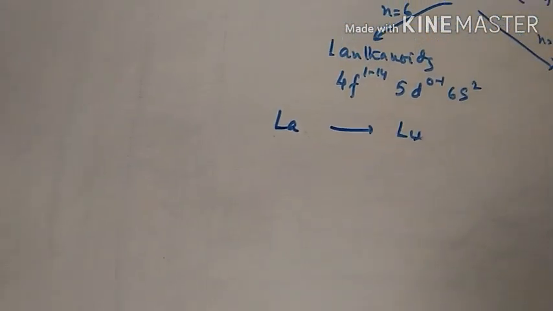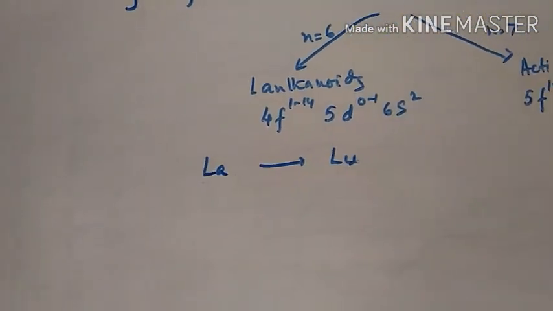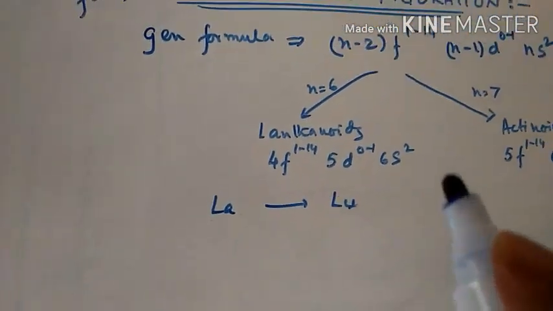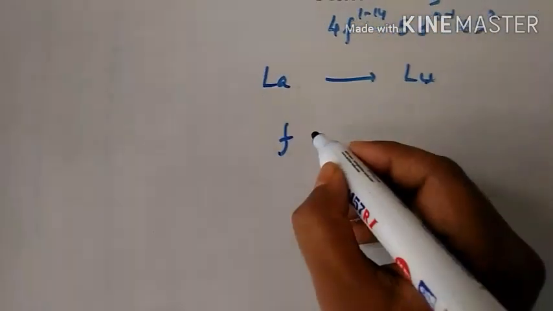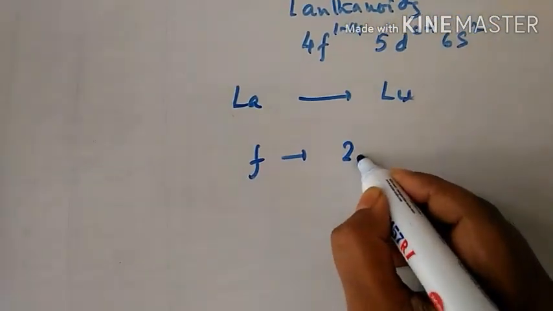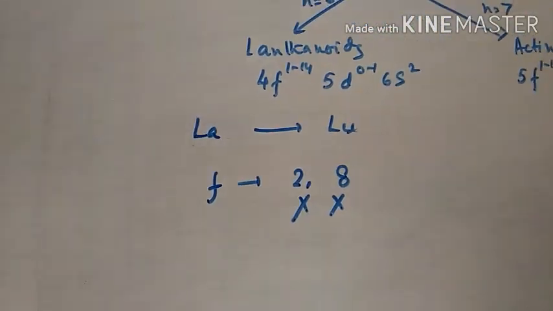So for all these elements, there's a trick behind it to find how to write the general formula. The trick is, you have to understand this point. In these F electrons, 2 and 8 will not come.